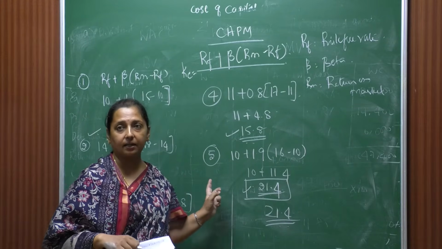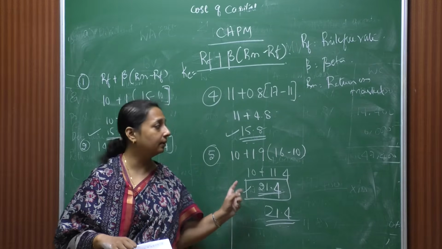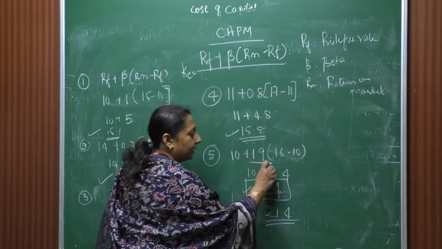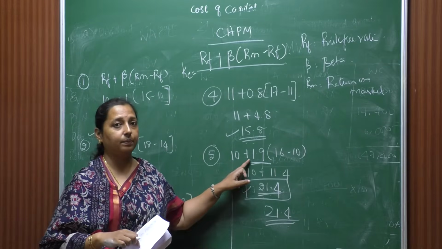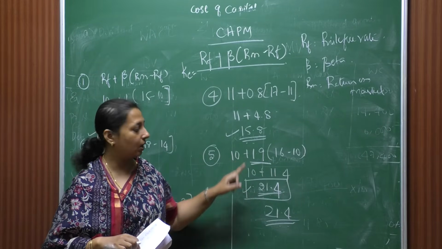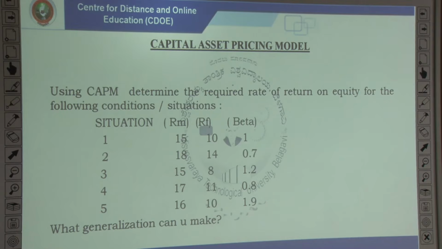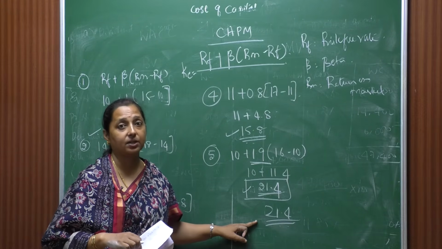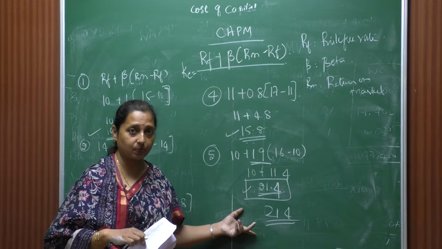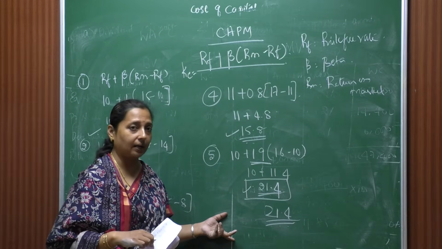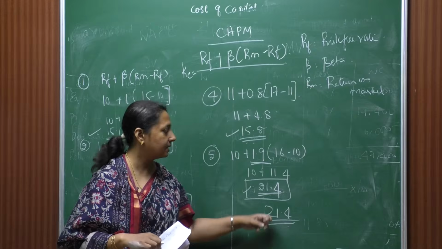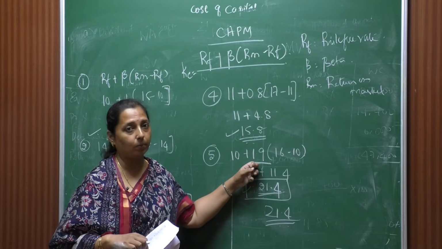You can see that the beta in the fifth situation is the highest, 1.9. As I specified, if beta is higher, risk is also higher, and return is also higher. So, you can generalize that situation 5 is best because we have received a return of 21.4%, since beta is more than 1.